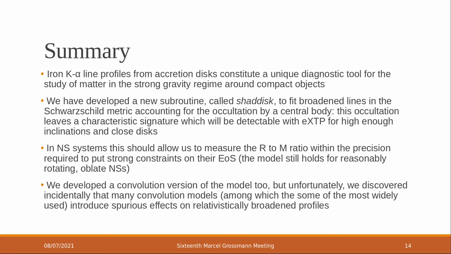And we have developed a new subroutine, called ChatDisk, to fit these broadened profiles, that can be used in the most common program for X-ray analysis, which is XSPEC. It uses a very accurate approximation of the photon trajectories, which makes it very fast and doesn't need to rely on very big tables of pre-calculated photon geodesics.